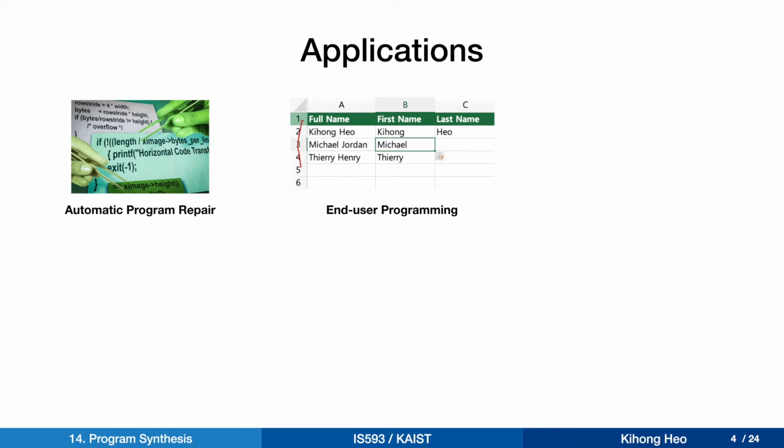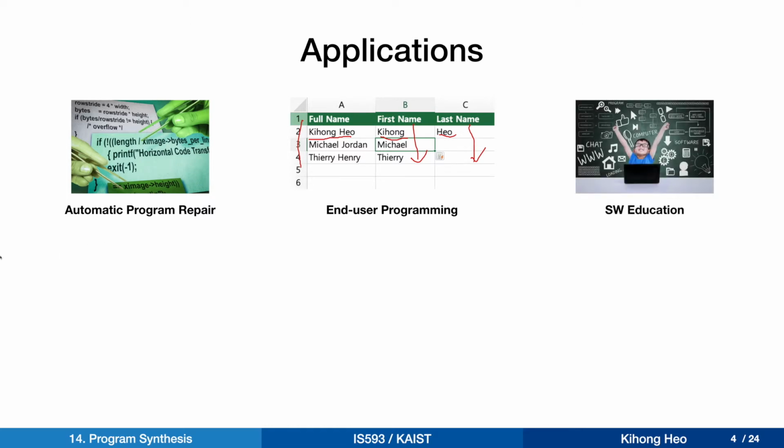For example, if I manually separate a full name, my name, into two parts, first name and last name, then Excel automatically captures the patterns and generates a program that slices only the first name here, and in the same way slices only the last name here. I guess all of you use this feature every day when you use Excel. And synthesis can be used for software education, especially automatic feedback for student code.